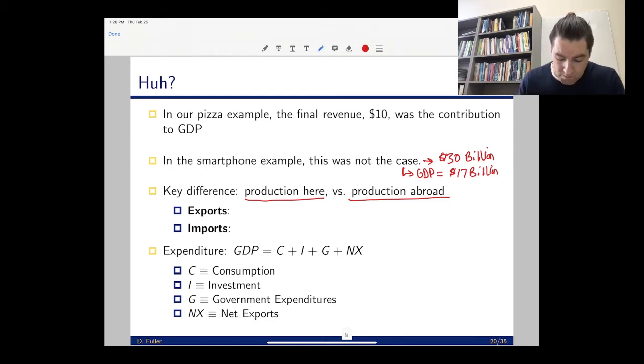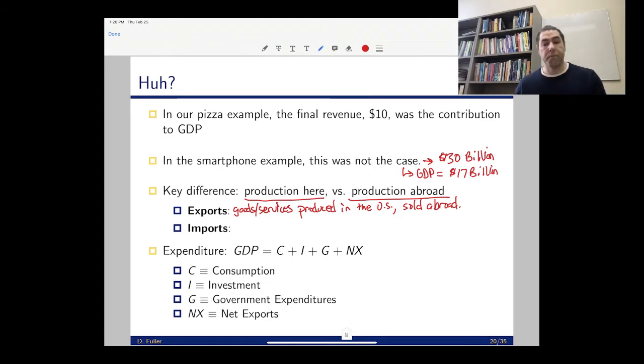So exports are goods or services produced in the US, sold in another country, or sold abroad.